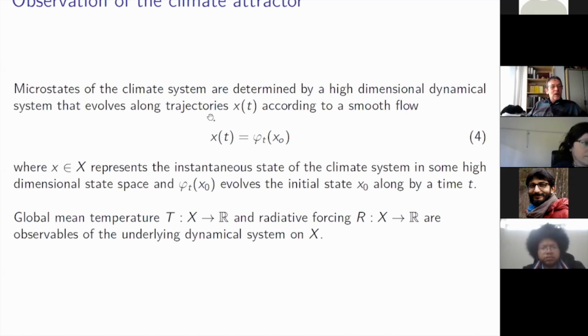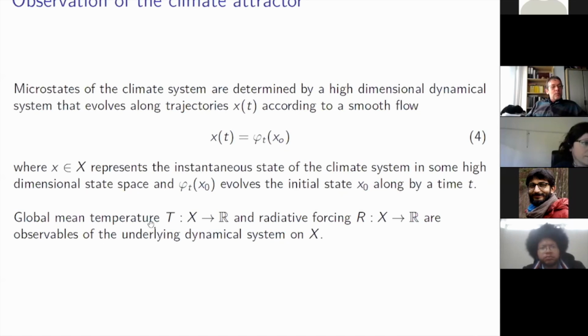And so the future states are determined by this flow: x(t) = φ_t(x0). So x0, of course, is only partially observable. We can only ever observe, or even hope to observe, a very small, very low dimensional projection of what's really determining the future state.